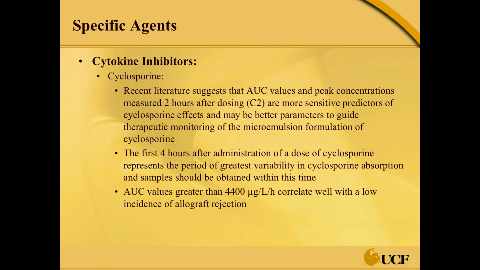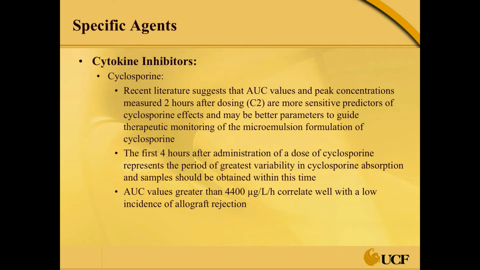Recent literature suggests that the AUC values and peak concentrations measured 2 hours after dosing, or the C2, are more sensitive predictors of cyclosporine effects and may be better parameters to use to guide therapeutic monitoring.